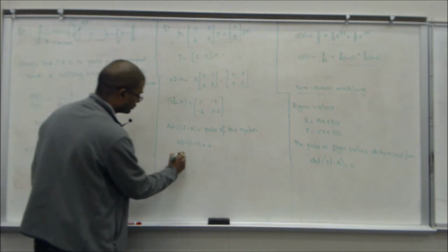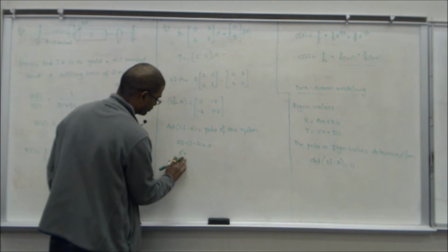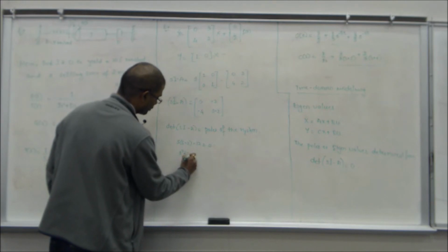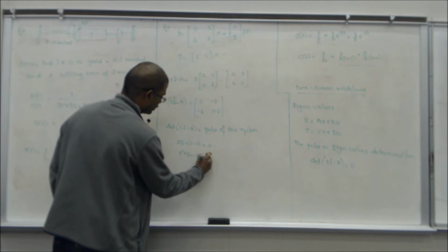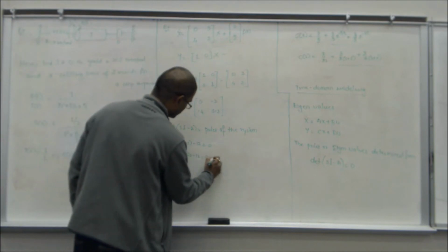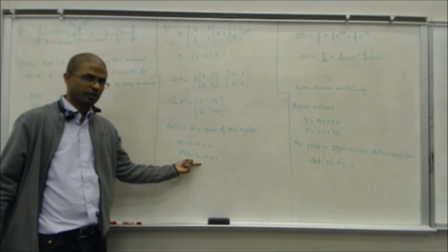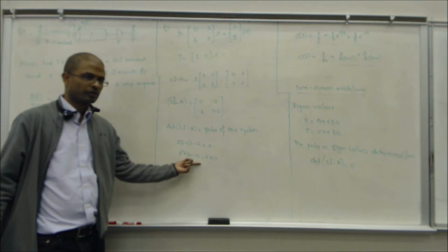So you have s squared minus 2s minus 12 equal to 0. So what are the poles of this? This should be the denominator, correct, for the system.